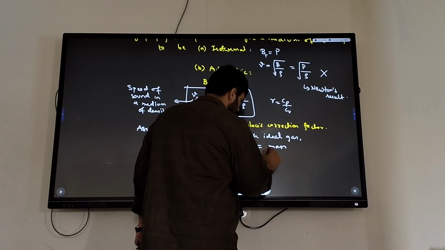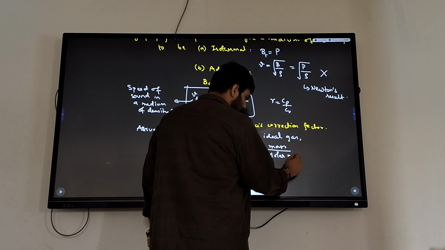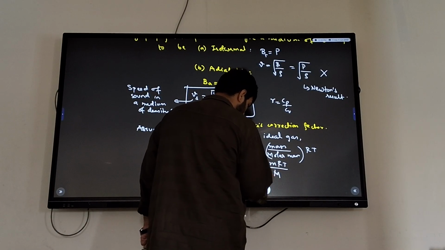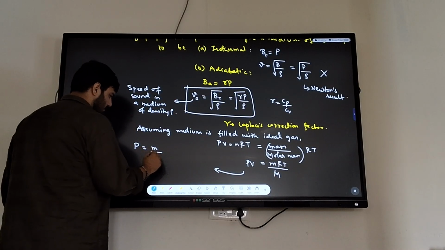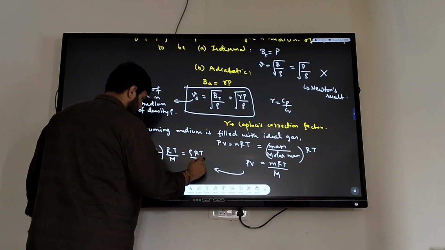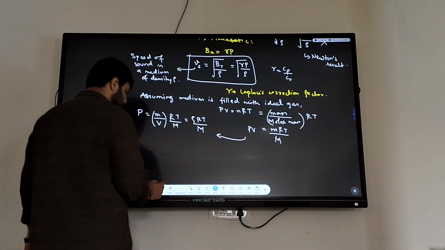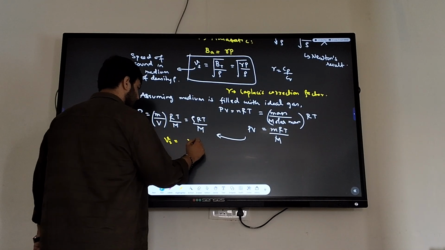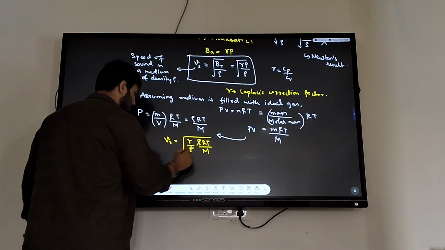Do it yourself, don't be dependent on me. And what is that capital M? That's the molar mass. Then what will my speed of sound become now? That will be root of gamma by rho P. P is rho RT by M. Rho cancels.